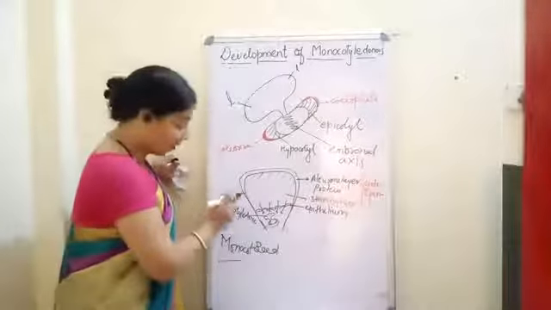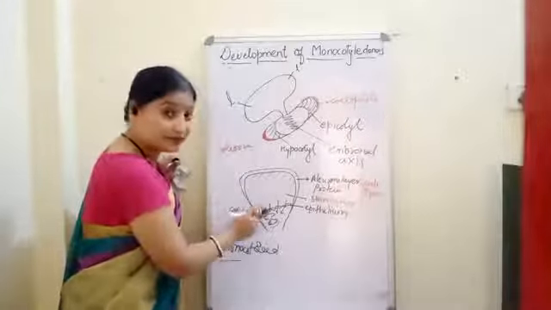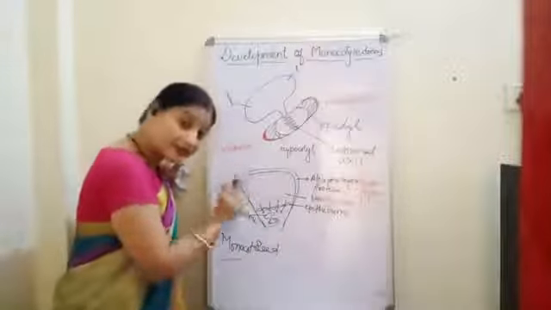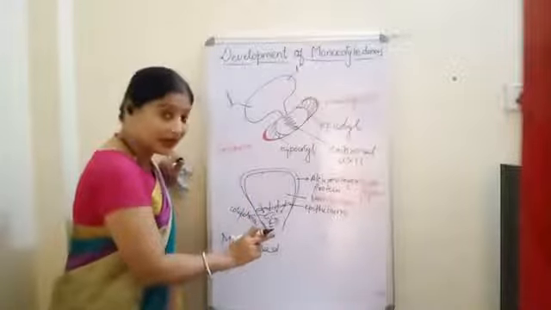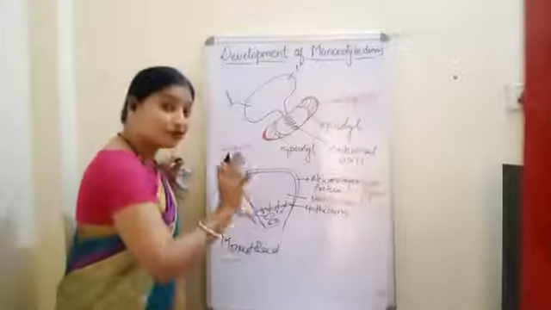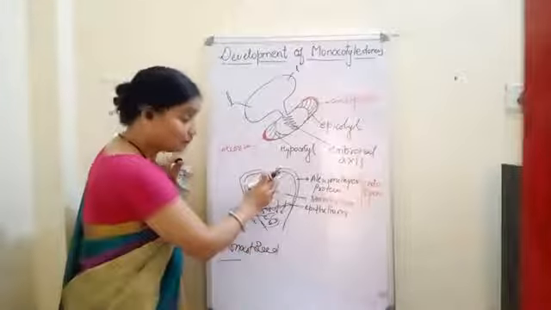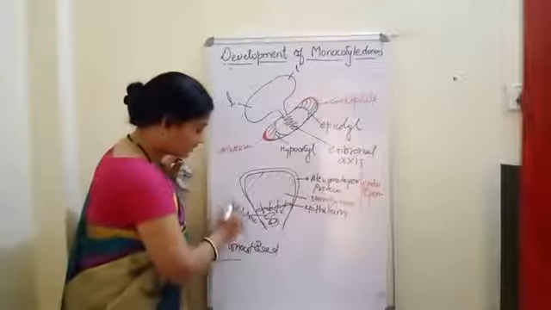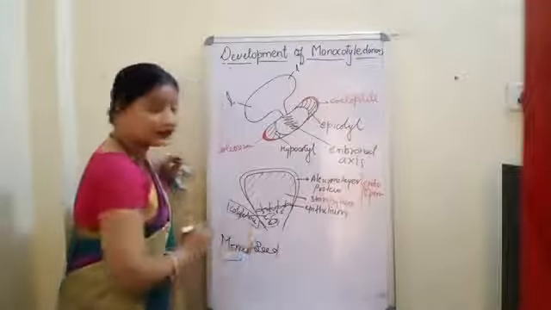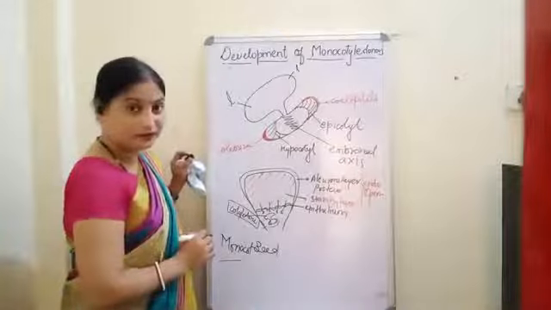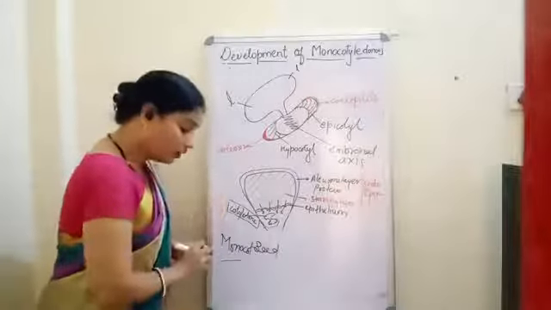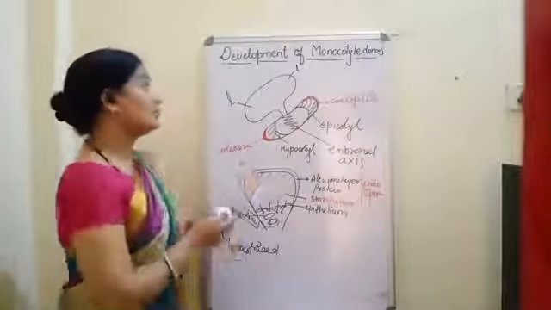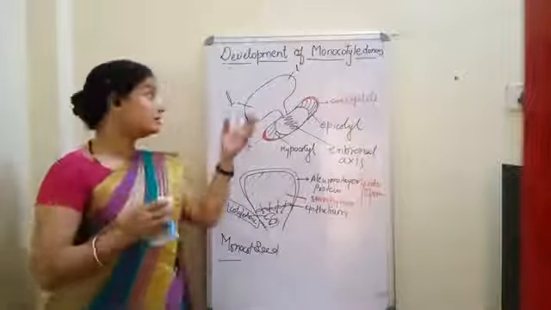Okay. So here the cotyledon is behaving as an intermediate for the transmission of nourishment from endosperm to the embryo, and that's why this cotyledon is important in this case. Okay, so this is all about the development of the monocotyledonous embryo.